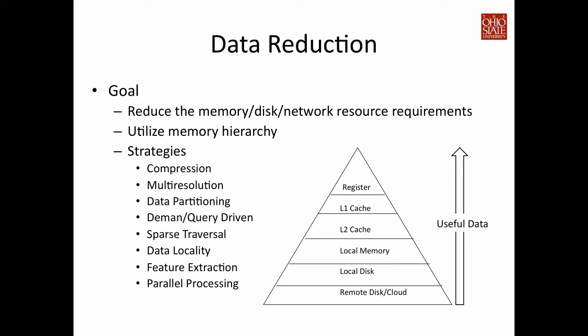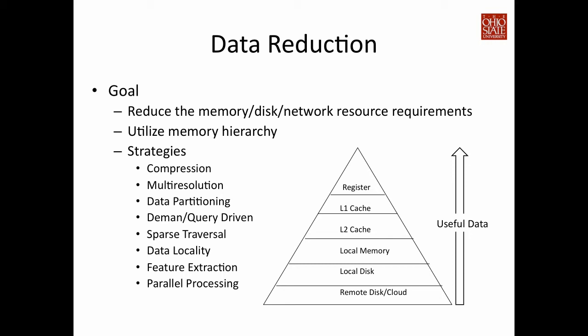About what data to retrieve and analyze, a lot of times it's based on the query. So we can perform demand or query-driven visualization and data analysis scheme to further reduce the amount of data we need to touch. A lot of algorithms have the sparse traversal property. That is, in order to produce the visualization output, you do not need to touch every single data element.